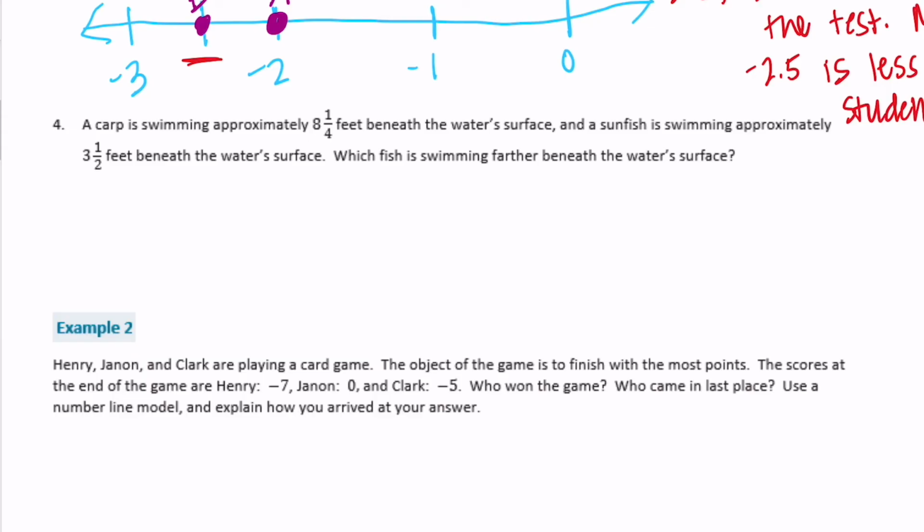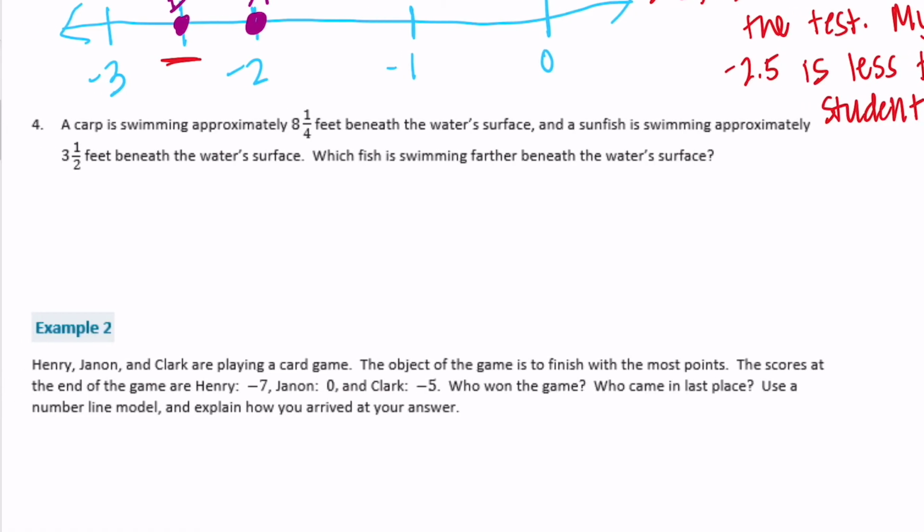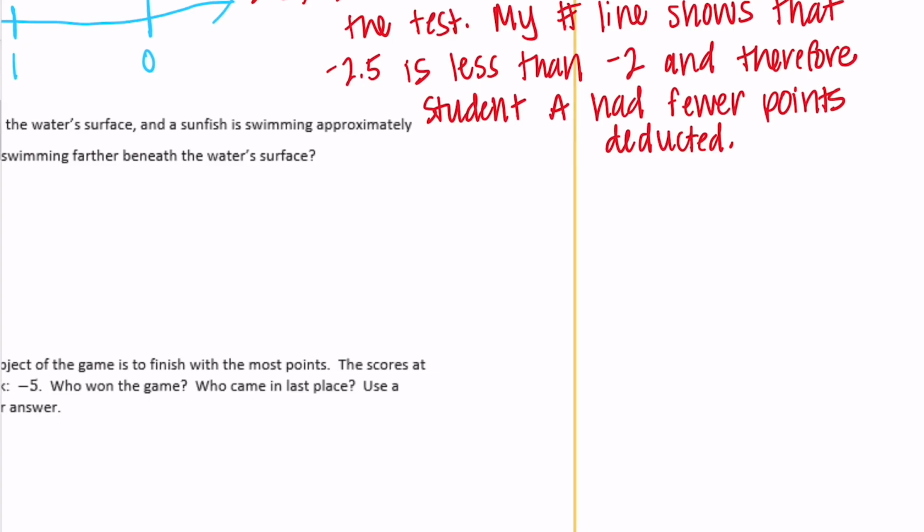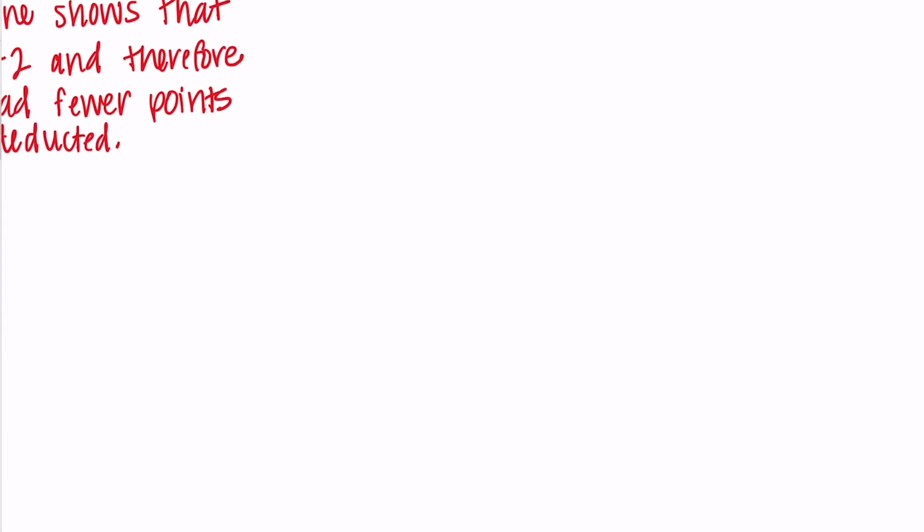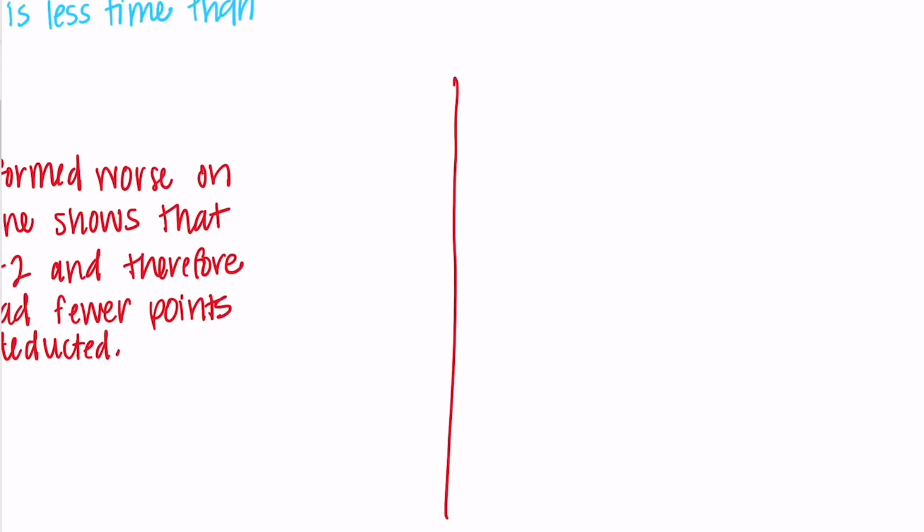Number 4, a carp is swimming approximately 8 1/4 feet beneath the water surface, and a sunfish is swimming approximately 3 1/2 feet beneath the water surface. Which fish is swimming further beneath the water surface? Okay, so for this, I'm going to do a vertical number line all the way over here.